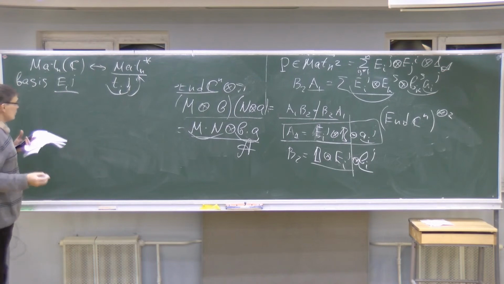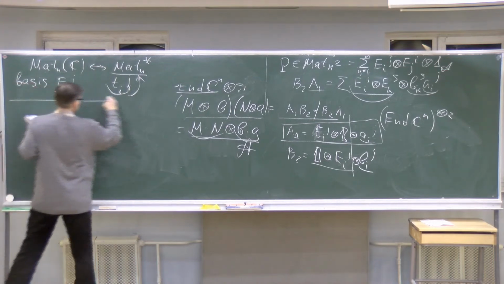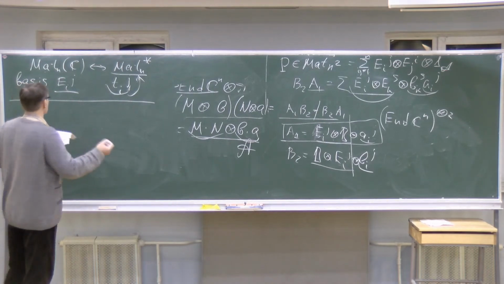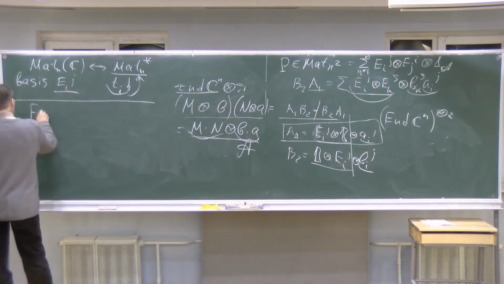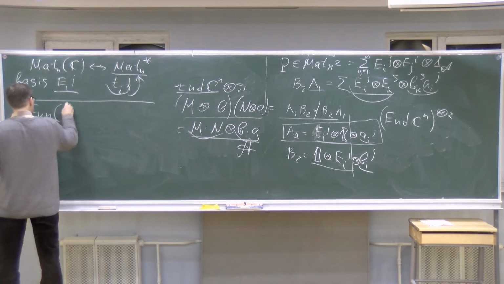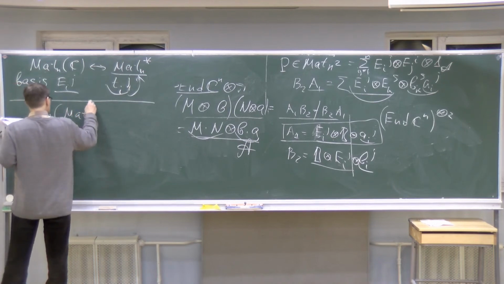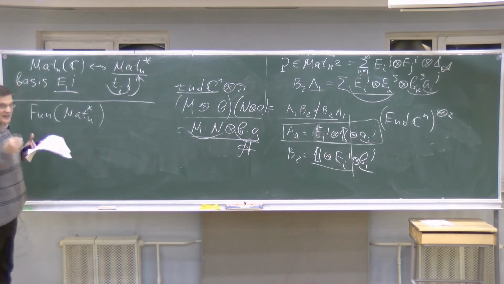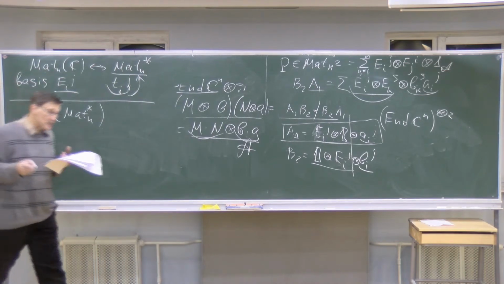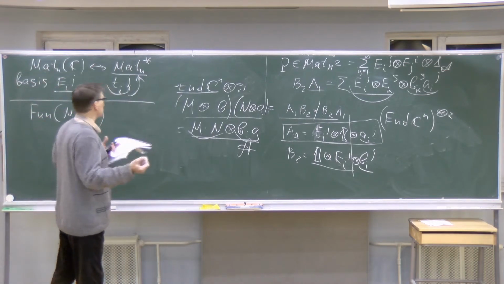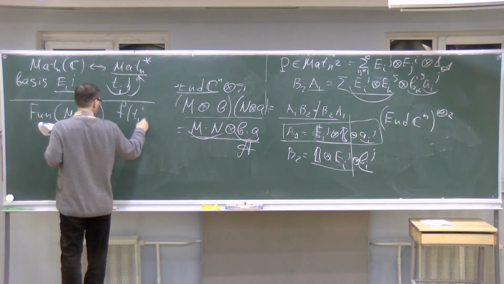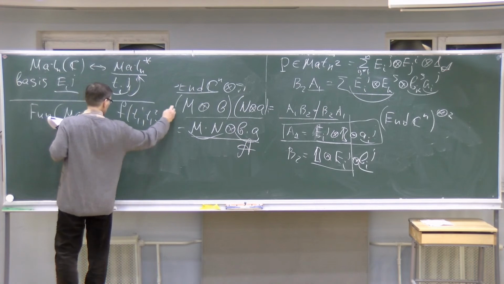And then we considered the Poisson structure on the algebra of functions on this space. This is a space just of differentiable functions in n squared variables, any functions of t11, t12, and so on.